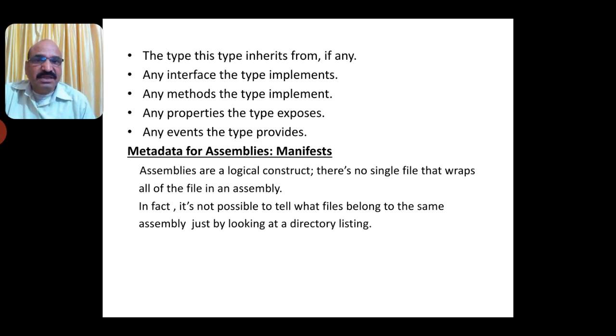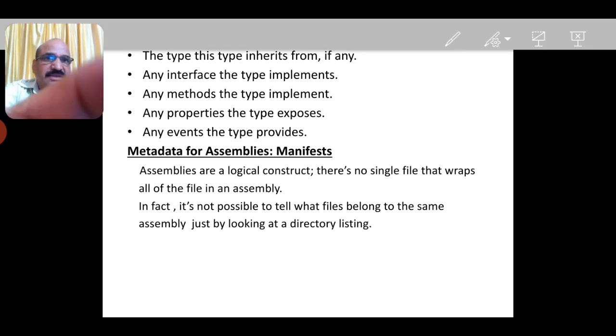The manifest is contained in one of the assembly's files, and it includes information about the assembly and the files that comprise it. Just as a tool such as Visual Studio .NET generates metadata for each module it compiles, so too it generates an assembly with an appropriate manifest.